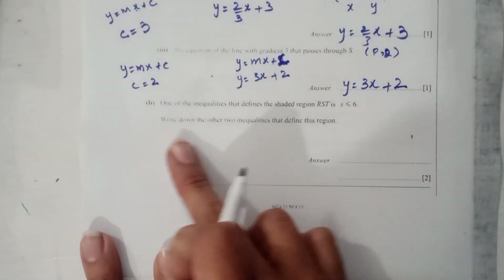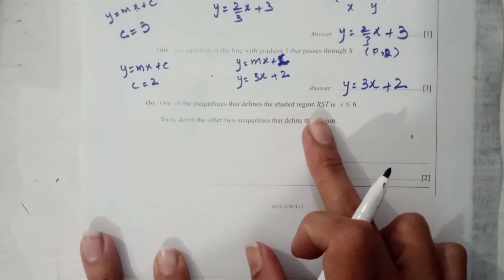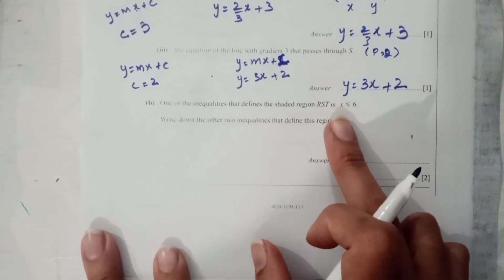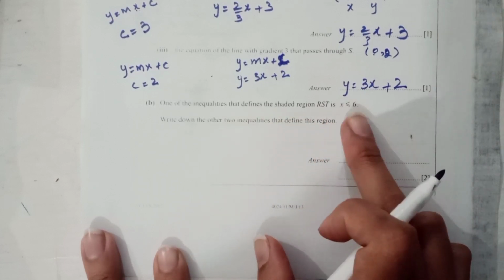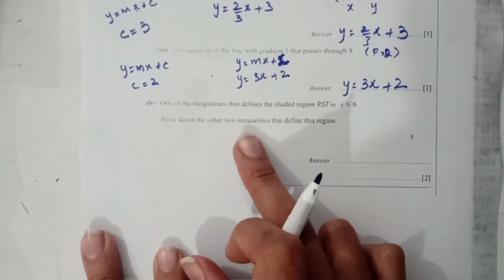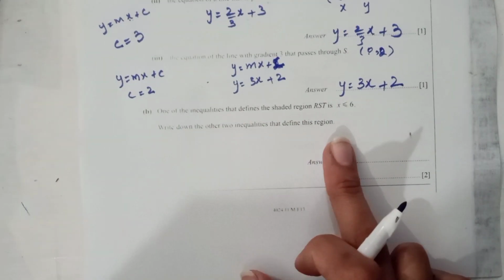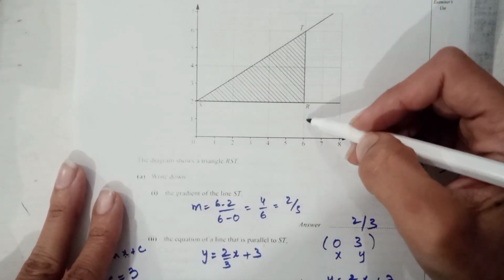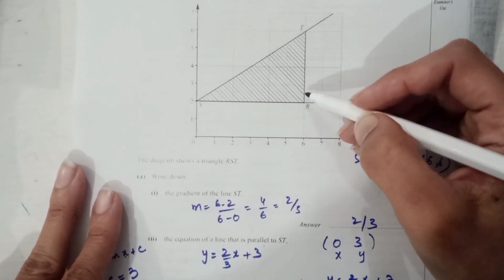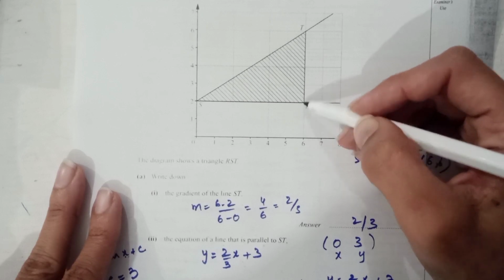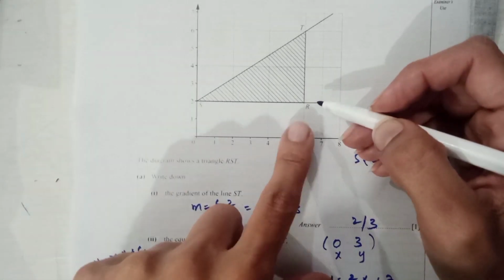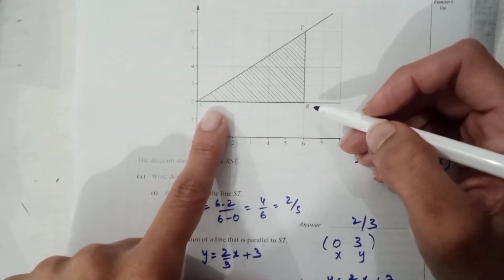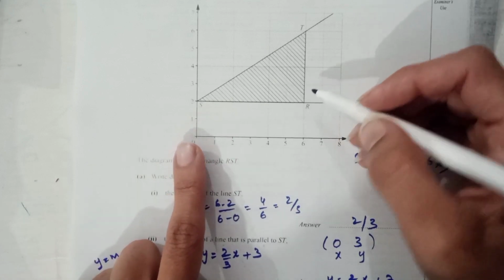Now students, B part. One of the inequalities that define the shaded region RST is x is less than or equal to 6. Write down the other two inequalities that define this region. You see that x is equal to 6 there, and in this region x is less than or equal to 6.